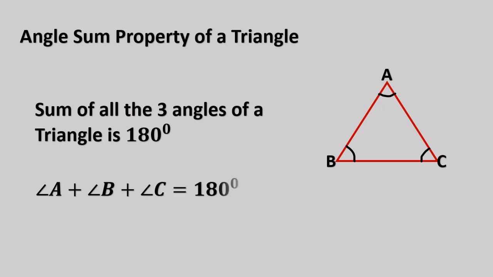That means angle A plus angle B plus angle C is equal to 180. There is an activity you can do. If you draw a triangle and cut out these three angle portions, and when you arrange them, you will get a straight line. Try it.